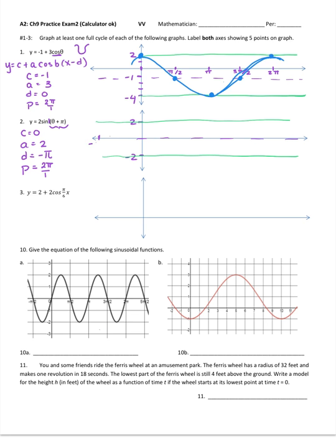So I'm going to start way back here. That means this would be a -pi over 2. This is 0. So I have to scrunch it in a little bit more. And this would be pi. So it's going to take me from -pi to pi, because that is a distance of 2 pi. That's how long it takes me to complete one cycle.